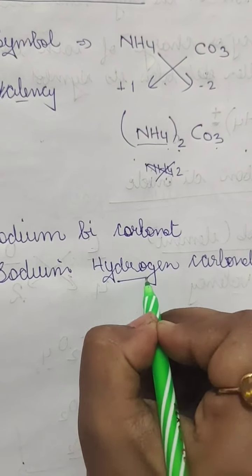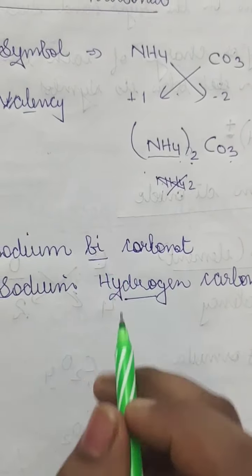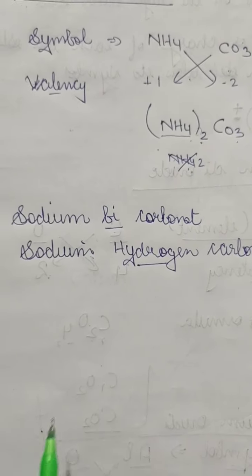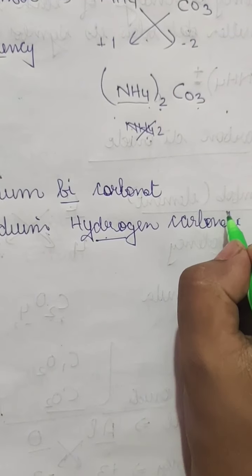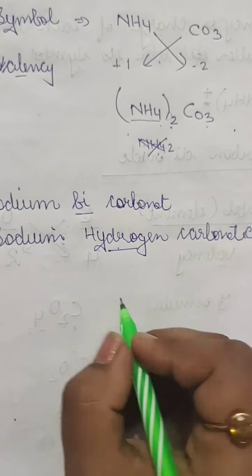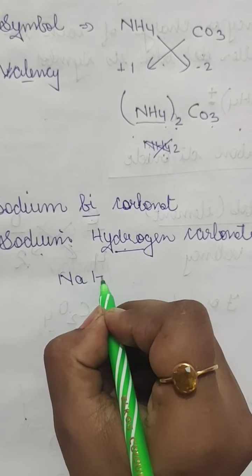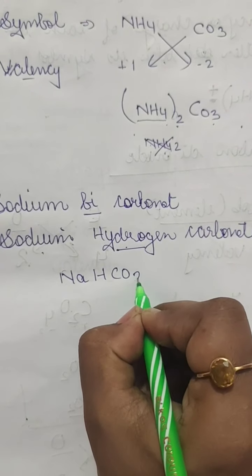So this hydrogen can also be called bi. Whenever we write the word bi, that means hydrogen. Because the name suggests it has hydrogen and it has sodium, the symbol would be sodium, Na, and hydrogen, H, and CO3.